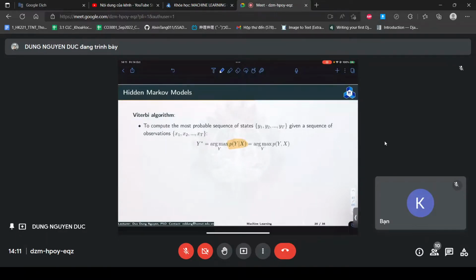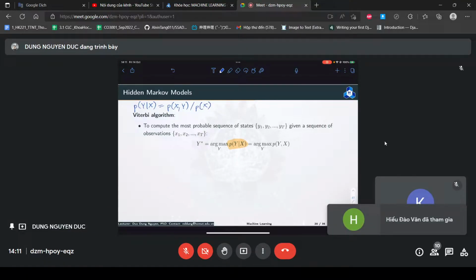So according to what we know about Bayes, you have probability of y given x equal to probability of x and y, this is the joint probability, divided by probability of x.